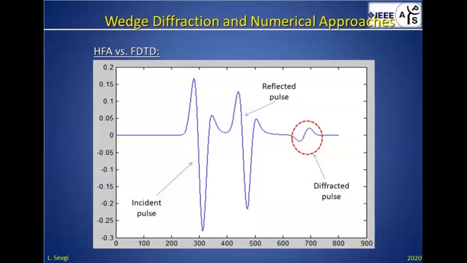If you time gate the incident, reflected, and diffracted pulses, you can separate them in the time domain. Then you do a Fourier transform, and you get diffracted fields in the frequency domain. So at one single receiver, this is what you observe, signal versus time. This is the time history of transient scattered fields at a given receiver. Next slide, please.